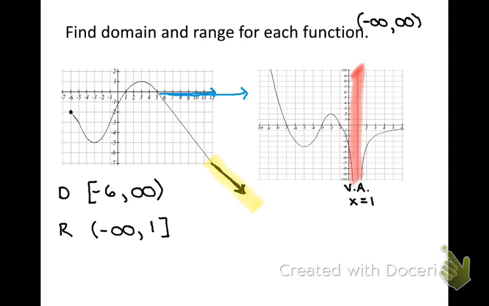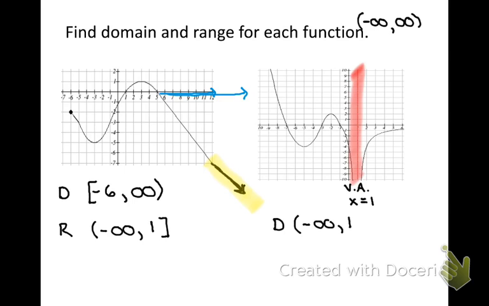So what we're going to find in this situation is that I actually end up with two different pieces for my domain. When I look to the left of the vertical asymptote and I scan from left to right, my graph goes all the way to negative infinity and then it comes up to 1.